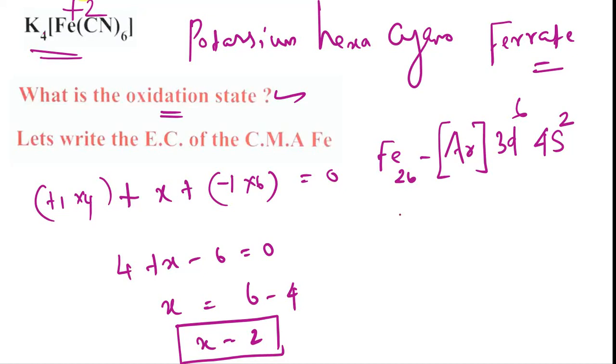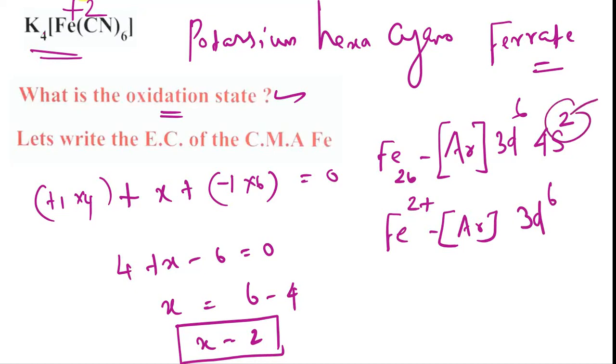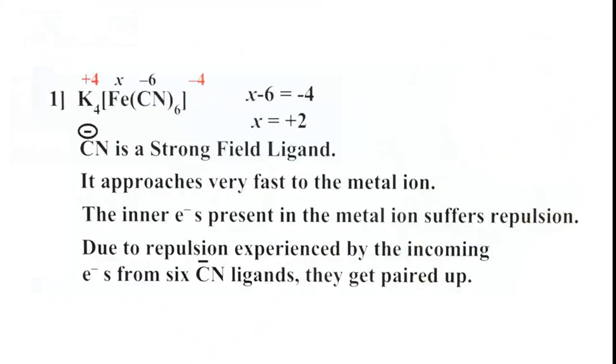If it is in the plus 2 oxidation state, it will be Fe argon 3d6, because it has given out these 2 electrons. Here we are taking the iron as x, so we found the oxidation number of iron is plus 2. And here CN is a strong field ligand, as I said earlier. So it approaches the metal ion very fast and pairs up the unpaired electrons.